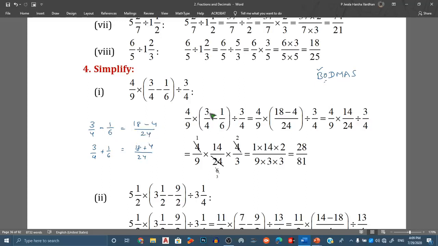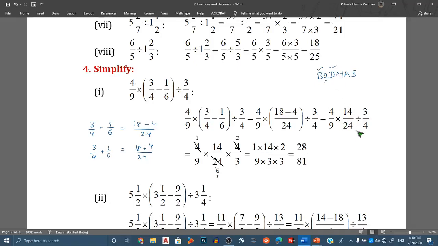So 3 sixes are 18 minus 4 ones are 4 by 4 sixes are 24, divided by 3 by 4. Now 18 minus 4 is 14 by 24 divided by 3 by 4. Now we have clear fractions. This is division, and multiplication is after division here, because division comes first.